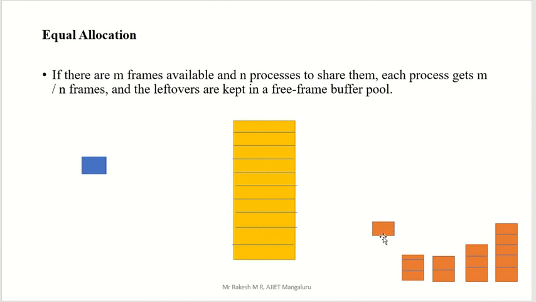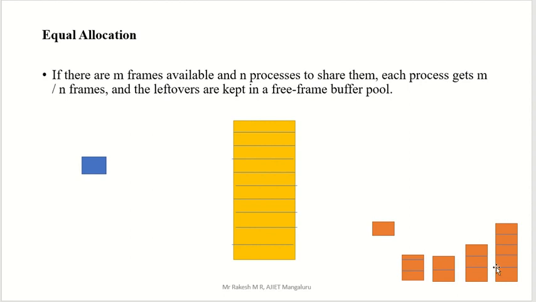Now here only one page is there, so one page we can store in one frame. Then another frame is wasted. This is the disadvantage here. So if allocated frames are more and the number of pages in that particular process is less, then there is a wastage of frames or memory.